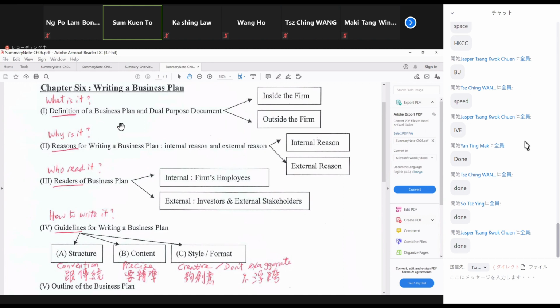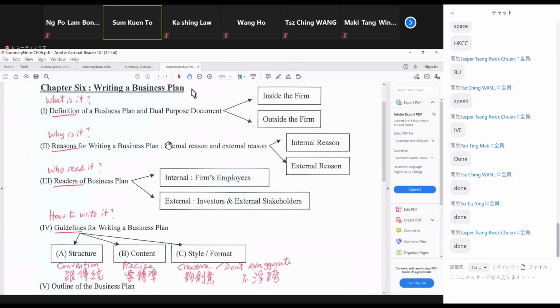What is a business plan? Why is it useful? And then who will read this? Okay, why, what, and who. So everything is internal, external, internal, external, internal, external. It will be about 8 PowerPoint slides for that.